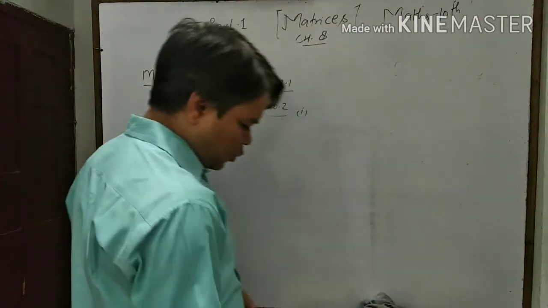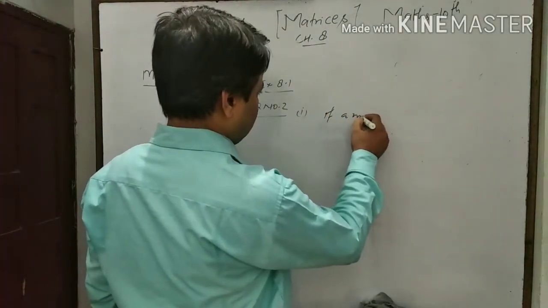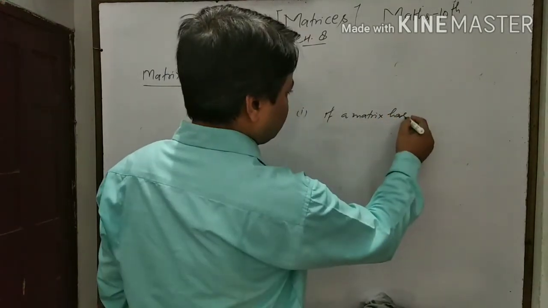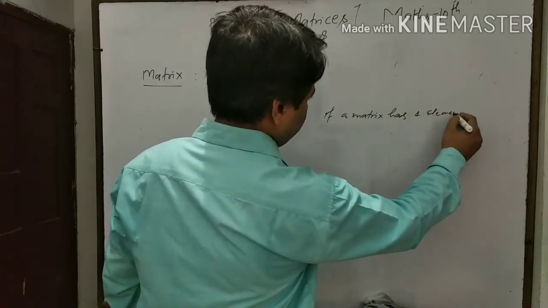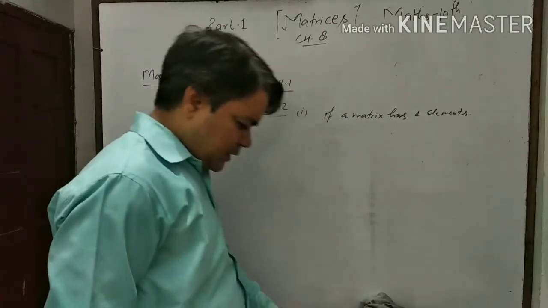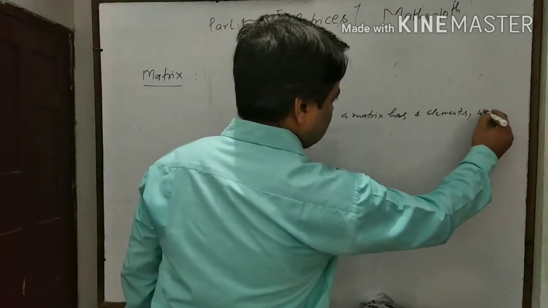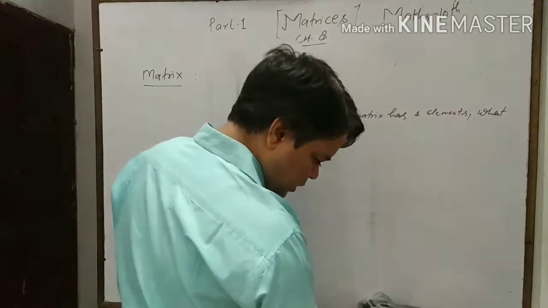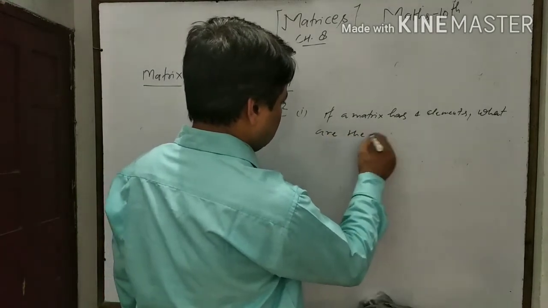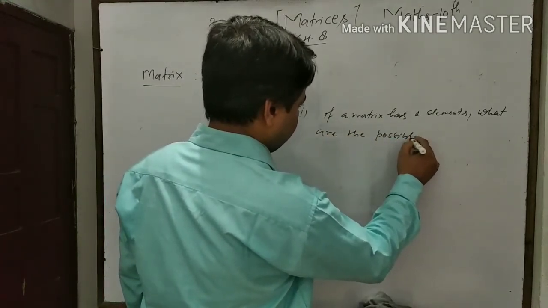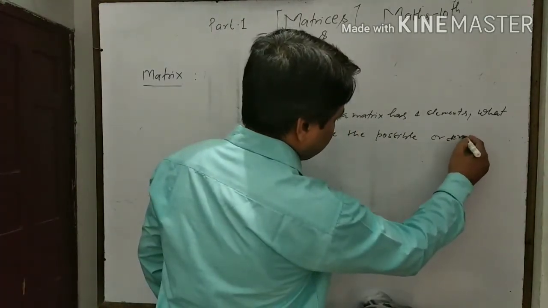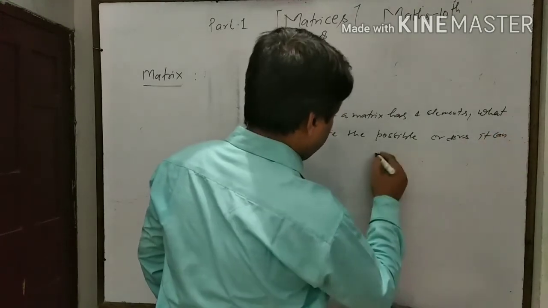If a matrix has 4 elements, what are the possible orders it can have?